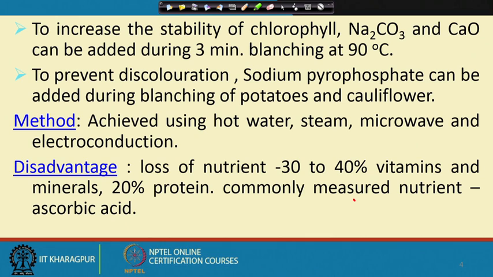Here also some factors will come that will dictate whether steam can be used everywhere, or water can be used in some places, or maybe microwave, or some other methods, right. Maybe heat conduction, in many cases it is also being used, but in the majority it is the steam which is being used for blanching or heating, right.